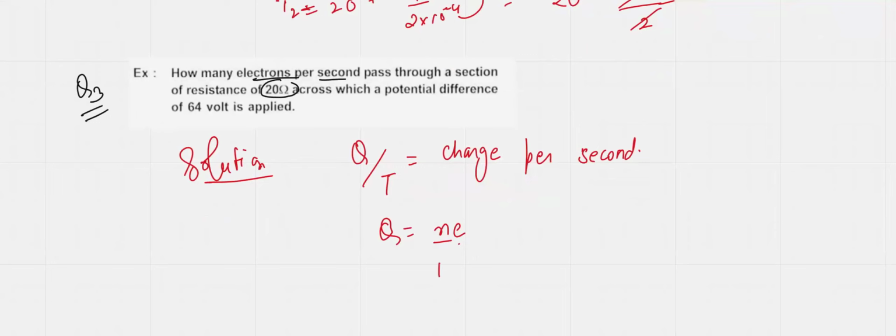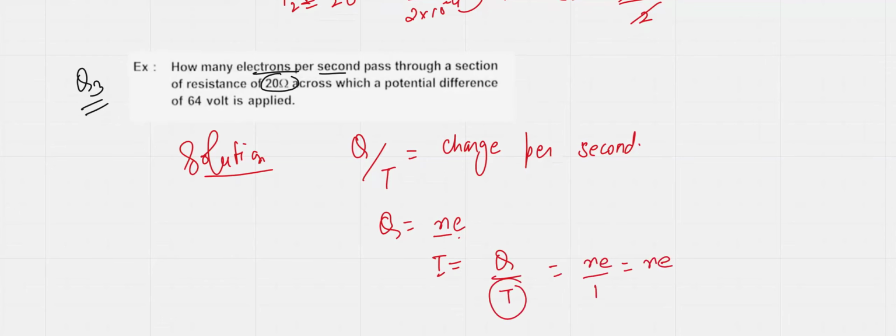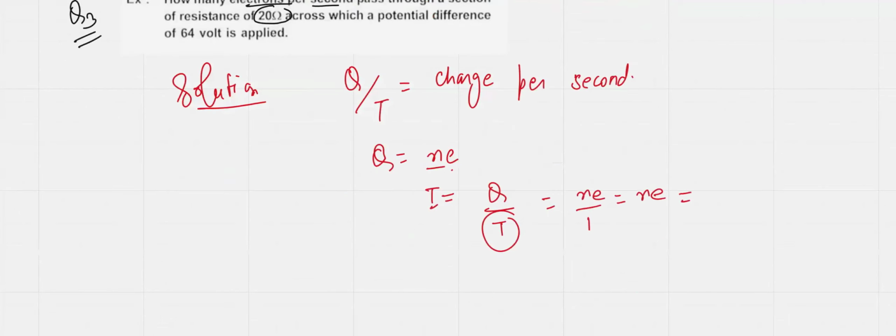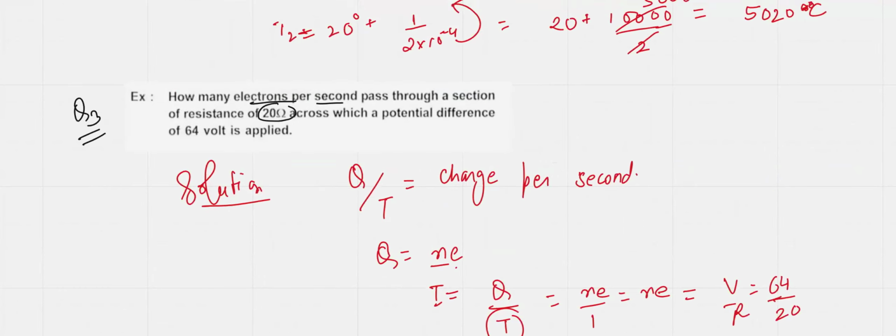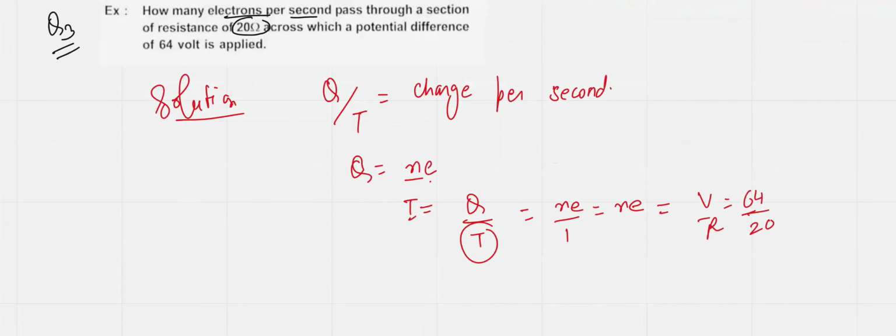So what is current? Current is nothing but Q by T. I'm saying my time is 1 second. So N e by t. What is I? That is equal to V by R. 64 divided by 20. That is going to be 3.2. So you can simply say that you are given 3.2 ampere.